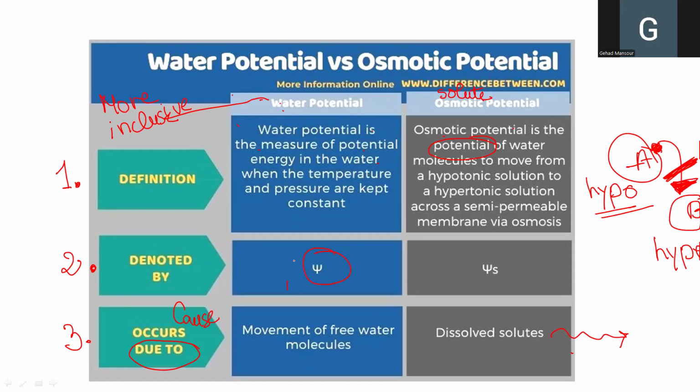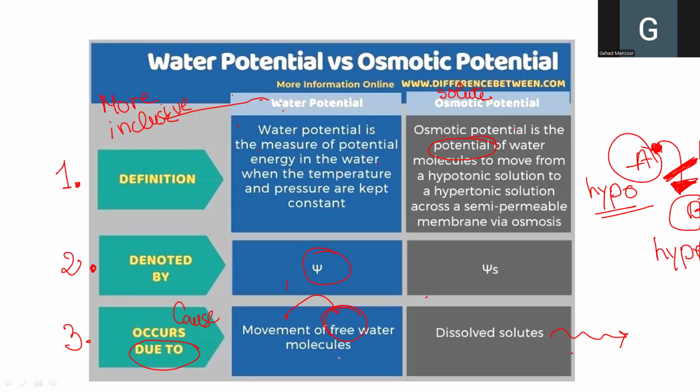And we'll be explaining this. The free water molecules are the water molecules that are not attracted to solid particles. So the osmotic potential refers more to the dissolved solutes, and the water potential refers more to the movement of free water molecules. And it goes without saying that movement applies to free water molecules, because if they were attached to solid particles, they wouldn't be able to move.